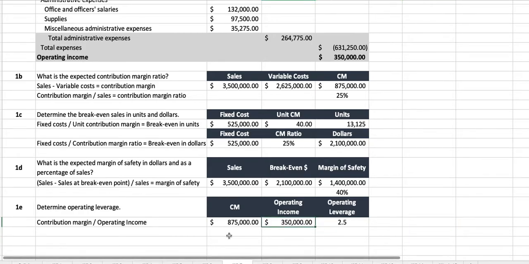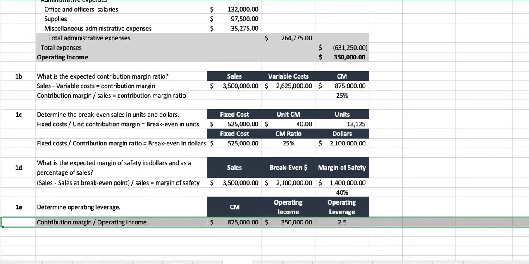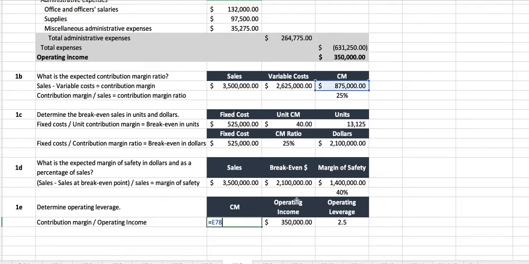But first, let's go ahead and calculate what our operating leverage is. So operating leverage is determined by taking your contribution margin and dividing it by your operating income. So my contribution margin, where did I get that from? Well, it's up here, $875.